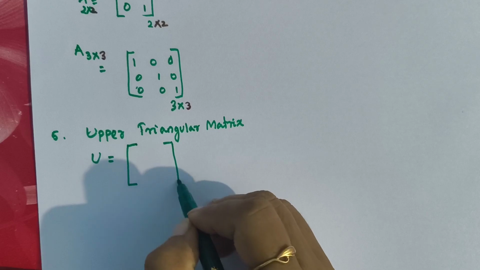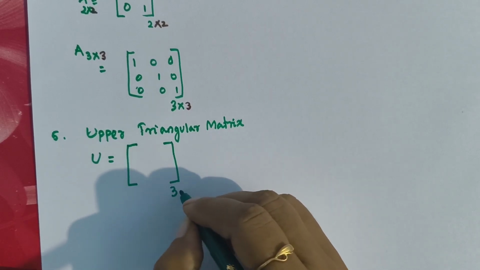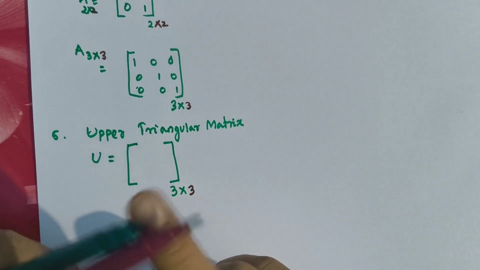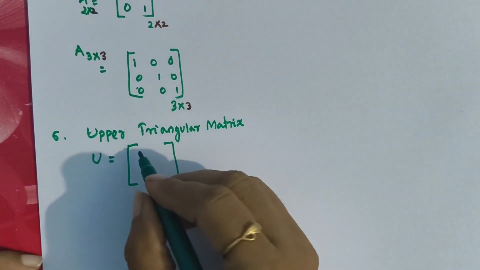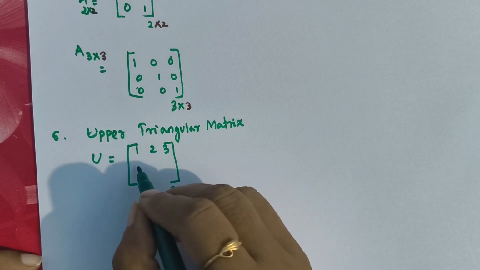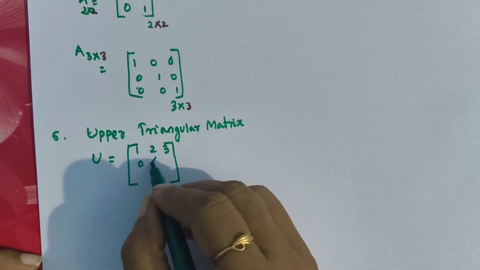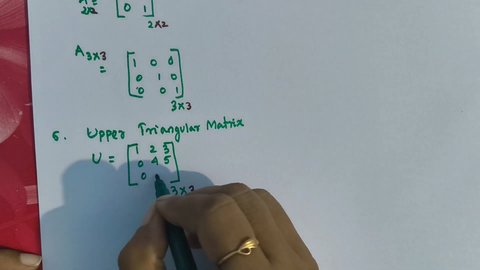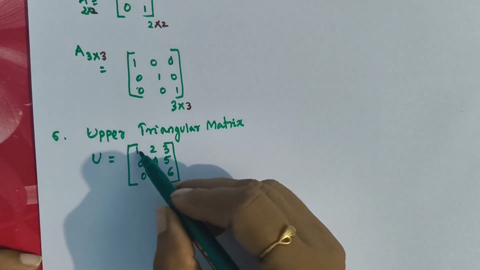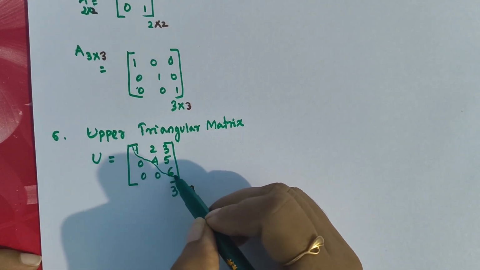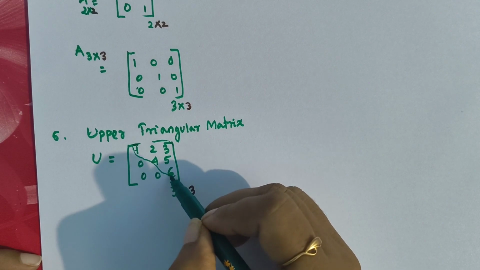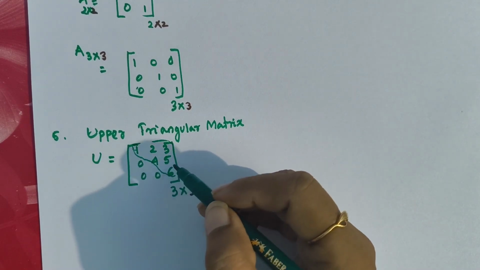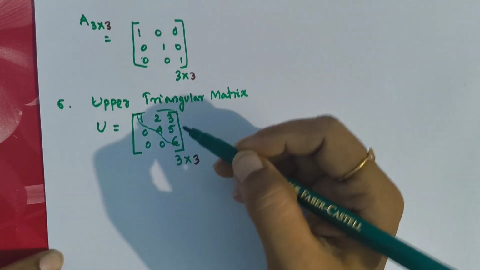Remember, it is a square matrix. So it is 1 2 3, 0 4 5, 0 0 6. We can see that this is looking like a triangle, and these are non-zero.